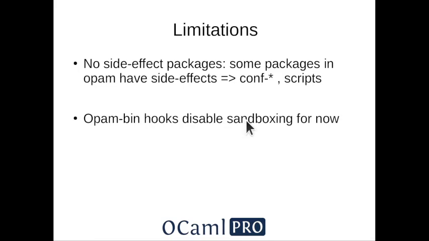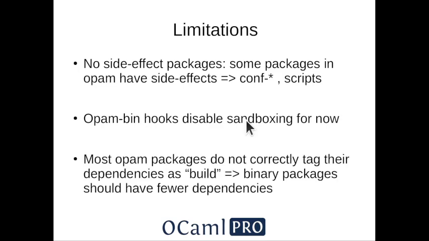So we need to find a way to be a little more clever, to have opam-bin and sandboxing working together. And finally, most OPAM packages in the current repository do not correctly tag their dependencies as build dependencies. So actually, binary packages could have much fewer dependencies than they have if these tags were used correctly.